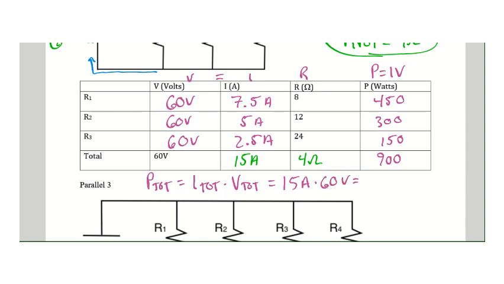So if I multiply 15 times 60, I get 900. So you can see that when we added down our columns and when we multiplied the totals, we ended up with 900. So our power check does in fact check, indicating that we have correctly analyzed this circuit.